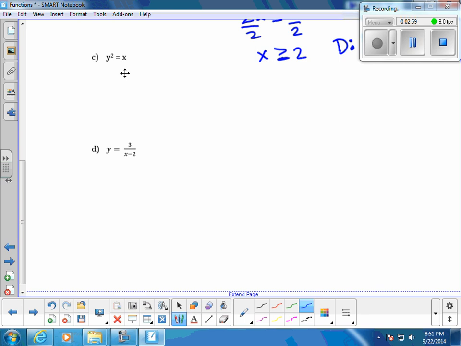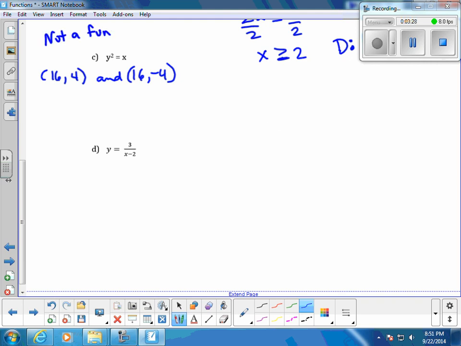Let's look at C. First of all, C is not going to be a function, and let me just pick an ordered pair to show you why. So for example, if I had the ordered pair 16, 4, and I had the ordered pair 16, negative 4, we can see that the x value of 16 is paired to two different y values, which means not a function.